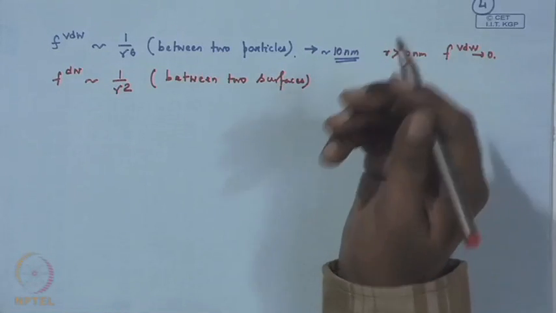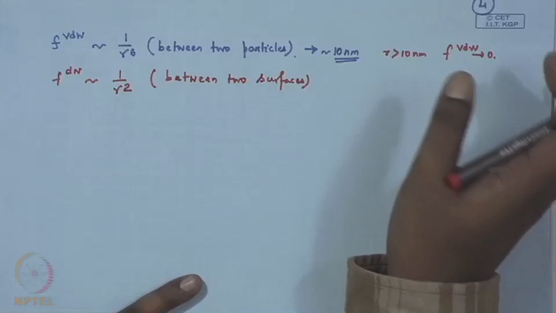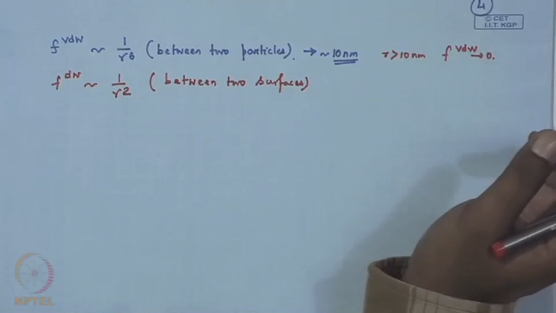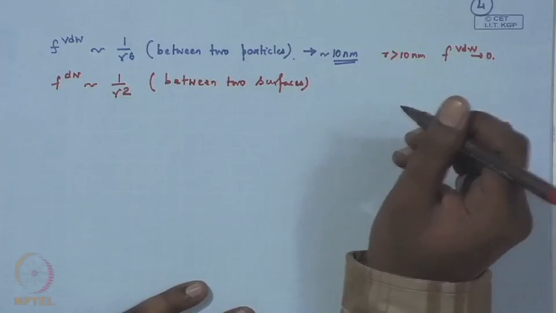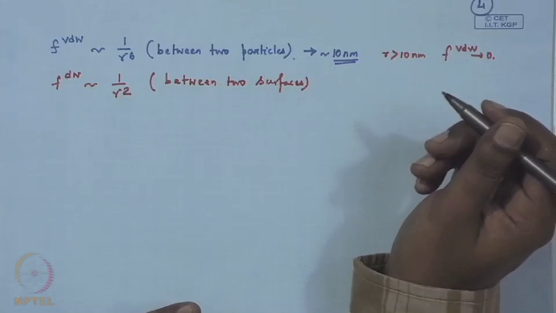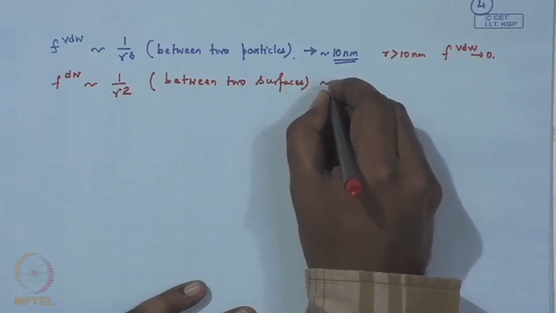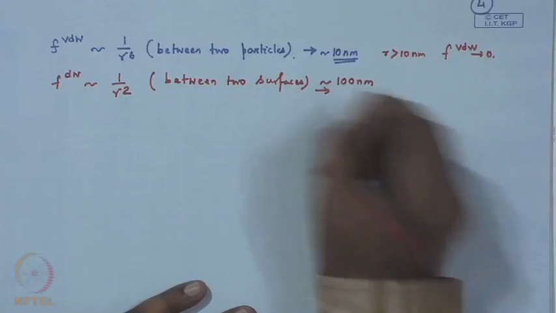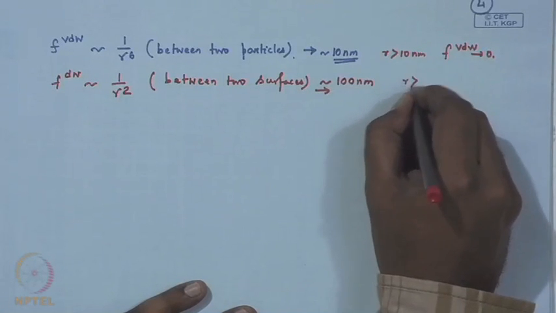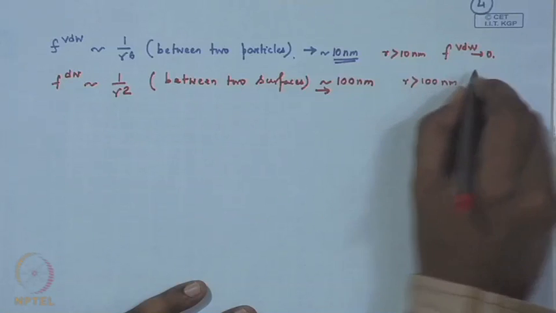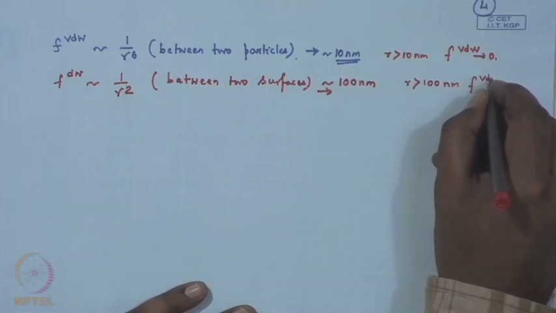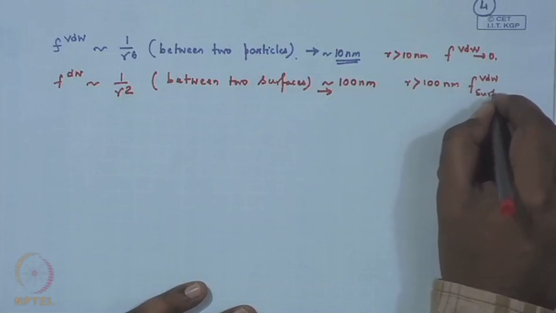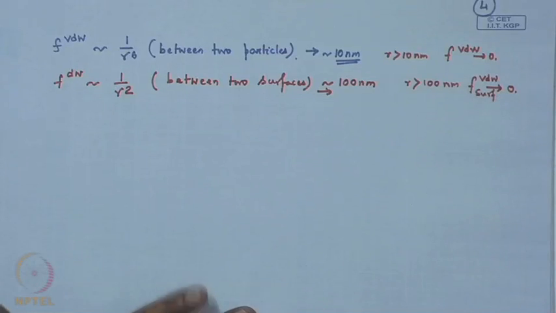So, the nature of the decay of the force becomes much weaker now. It tapers off at a much slower pace, and consequently the interaction stretches up to 100 nanometers. Beyond r greater than 100 nanometers, the van der Waals force between surfaces again tends to 0.